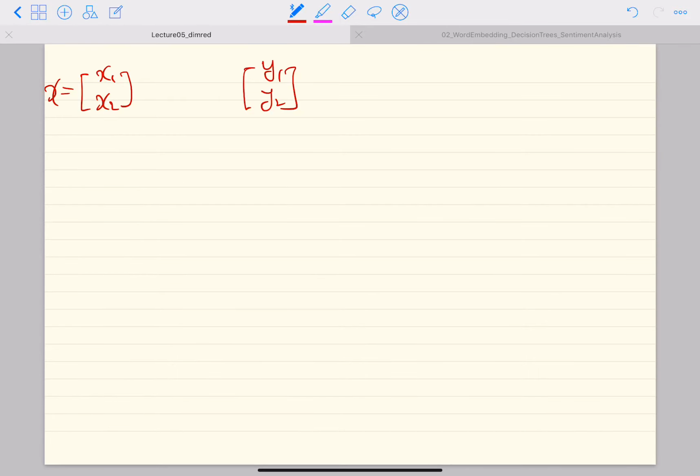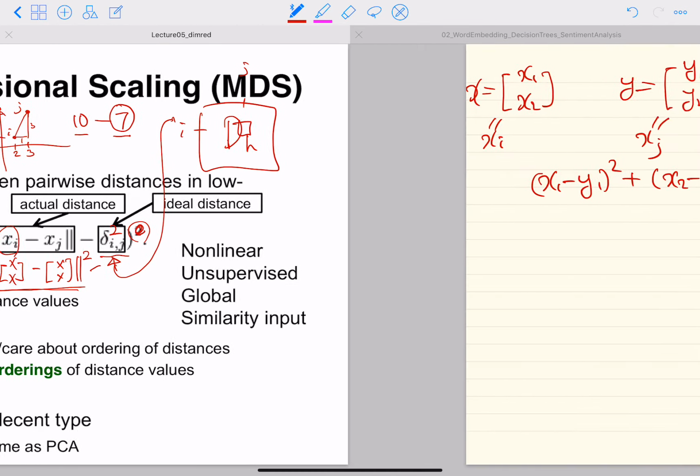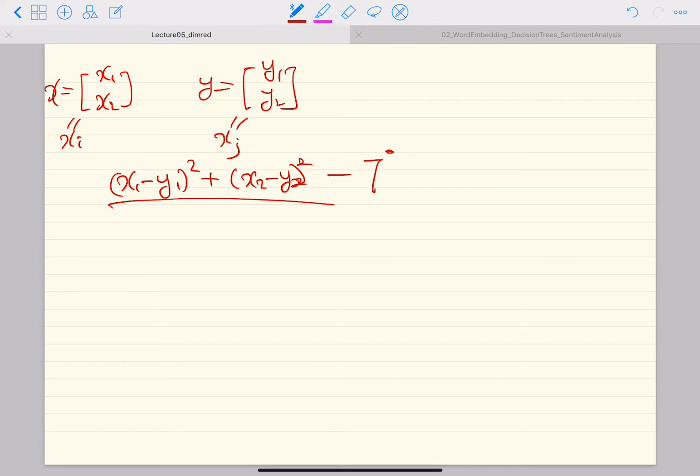This is the first data item, this is the second data item, or this is x_i and this is x_j, right? Then (x1 minus y1) squared plus (x2 minus y2) squared, minus 7, right? This is our loss function.